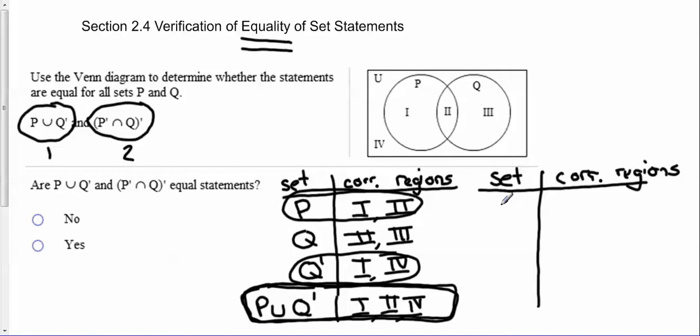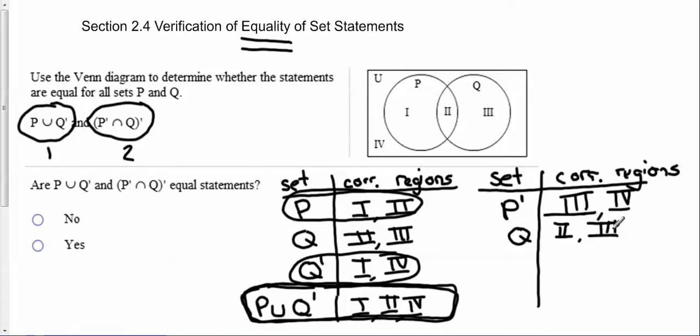We already have P, so let's take the complement of P. Since P is made up of the elements in regions 1 and 2, the complement of P would be those elements in regions 3 and 4. And then Q, we'll write down again. We've already done it, but Q is made up of the elements that are in regions 2 and 3.